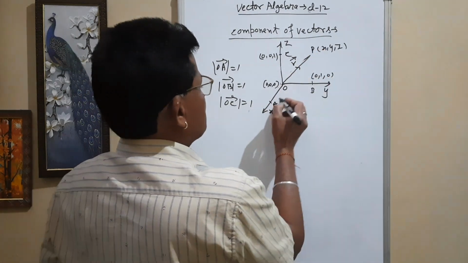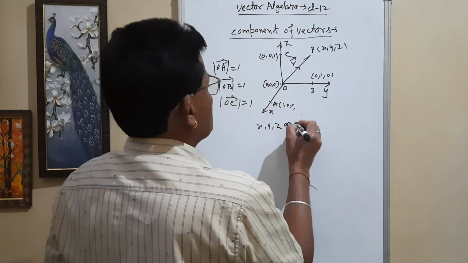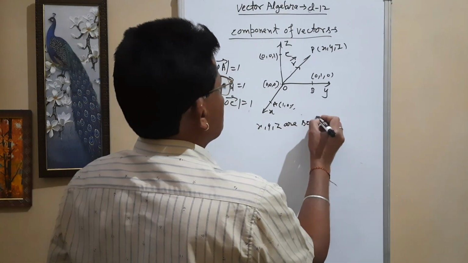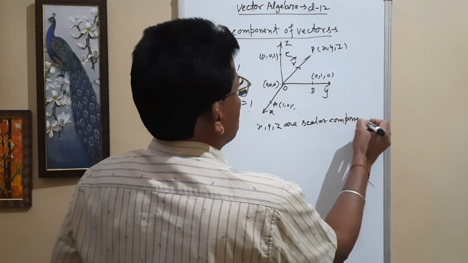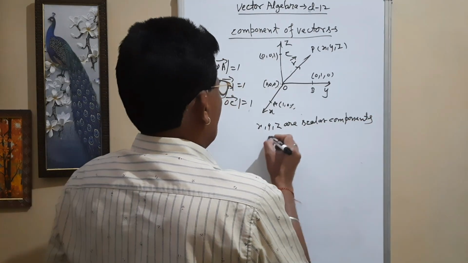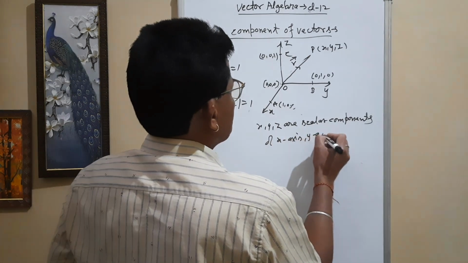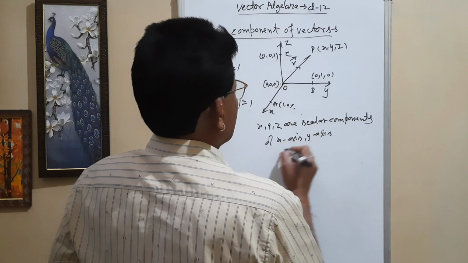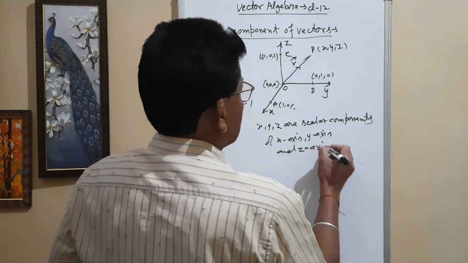Let me take x, y, z, which are the scalar components of the x-axis, y-axis and z-axis. These are the scalar components.